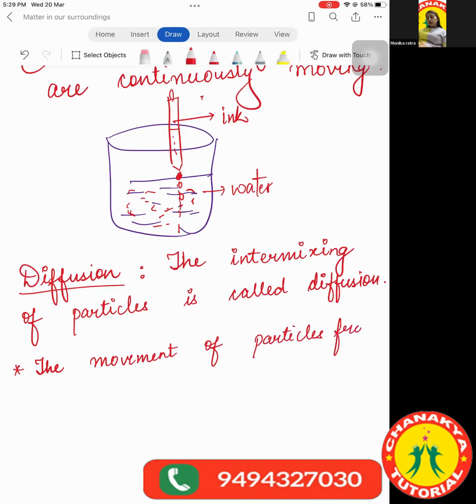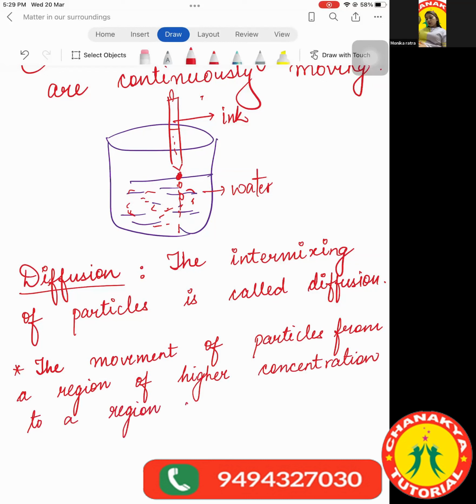from a region of higher concentration to a region of lower concentration is called diffusion.